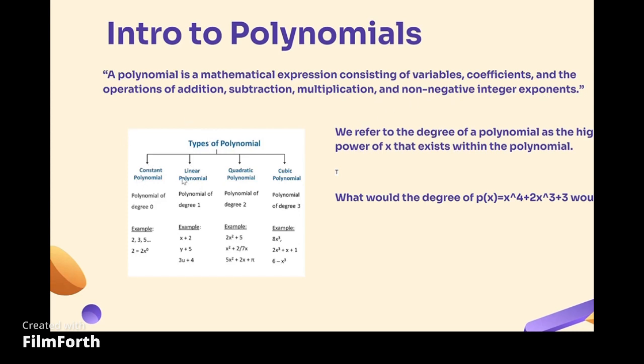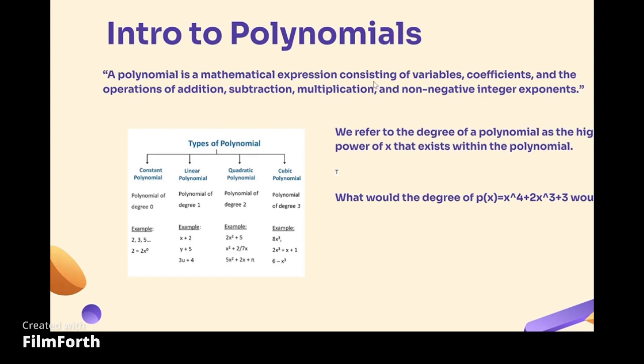So we're really familiar with things like the linear polynomial, because those are just linear lines. I'm sure you guys are familiar with the quadratic polynomial as well, because that's a degree 2 polynomial, right? You'd see the highest power of x would be 2. So we refer to the degree of a polynomial as the highest power of x that exists within the polynomial.